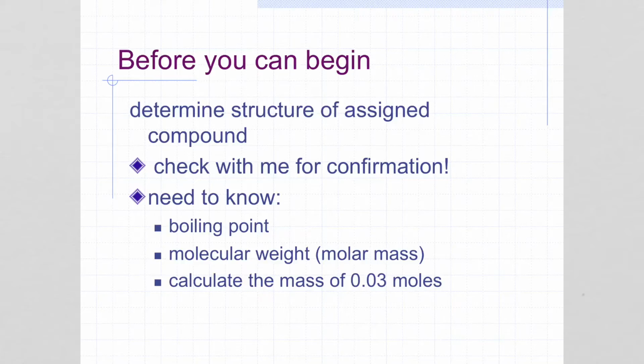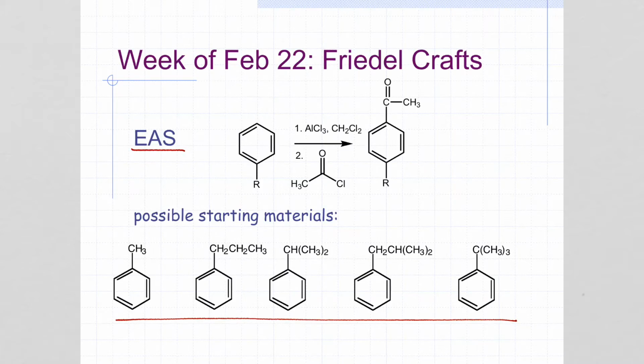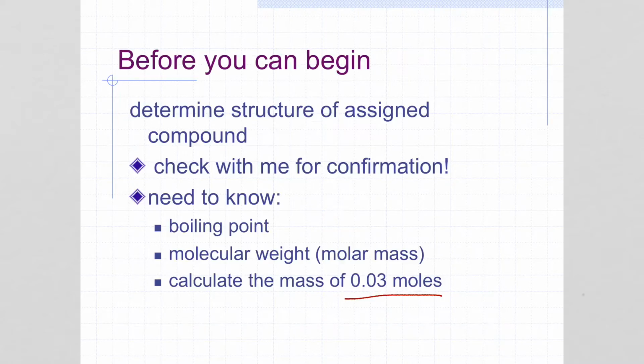You'll need to look up or calculate the molecular weight, and you have to calculate the mass of 0.03 moles, because that's the amount of material you're going to be starting with in the reaction. And notice, since all the aromatic rings have different R groups on them, they obviously all have different masses, and so you're going to need to know what you have in order to know how much you're going to need to weigh out on the balance to do the reaction.